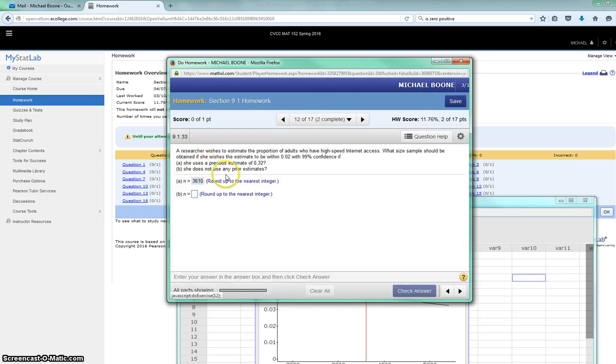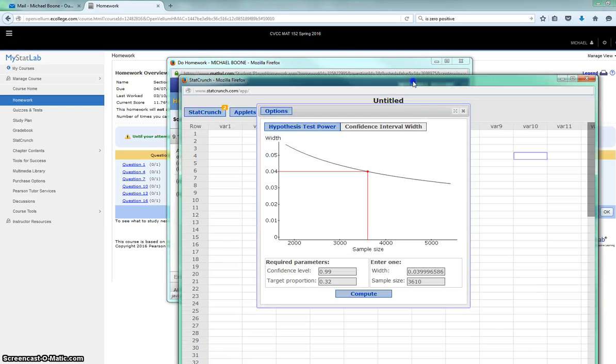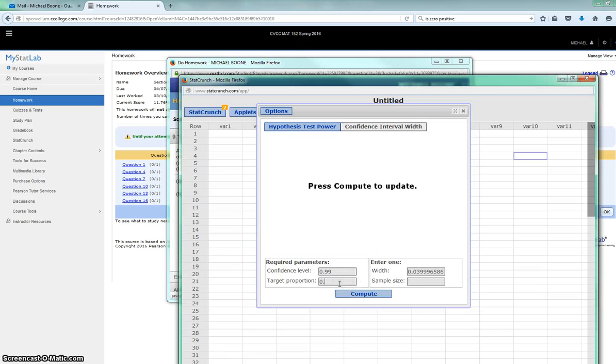On the next one, if we don't have a prior estimate, what we're going to use is 50%. That's our best guess. If I asked what percentage of people like bananas, and we don't have any other sample to go by, our best guess is 50%. So we're going to do the same thing, except put in 50% for that target proportion.